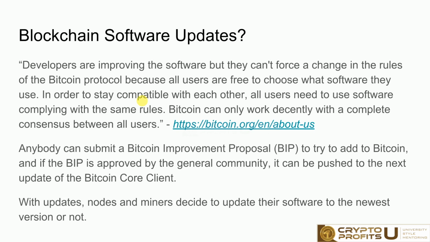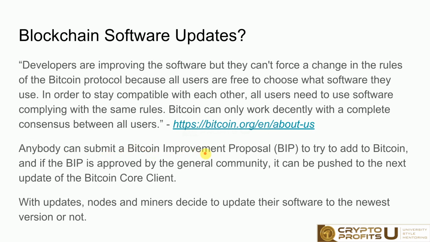So this is saying that everyone can choose what version of the software they want to use, but for a particular software to work effectively, all the nodes or all the servers and computers have to be using the same version because everything's communicating. And so I wrote something here for you. It says anybody can submit a Bitcoin improvement proposal. Remember that Bitcoin and the blockchain and all other cryptocurrencies are open source.